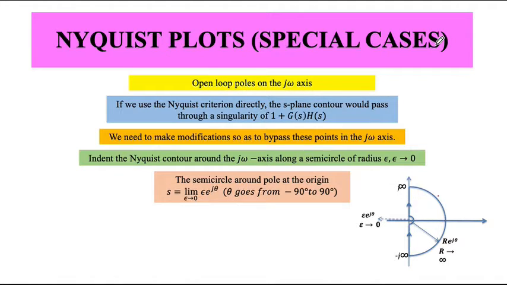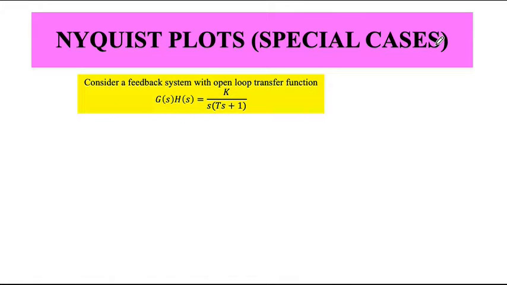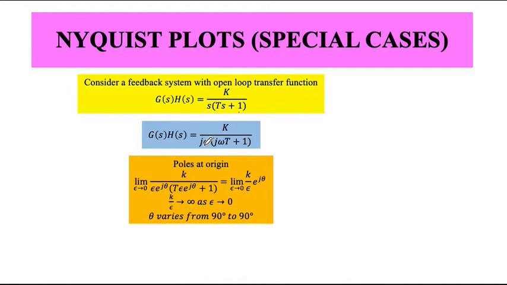To get a little understanding, we will start with an example. We have a feedback system with a pole at the origin and another pole. For the sinusoidal transfer function we substitute s equals j omega, and we already know why we do this. Let us start by dealing with the pole at the origin.